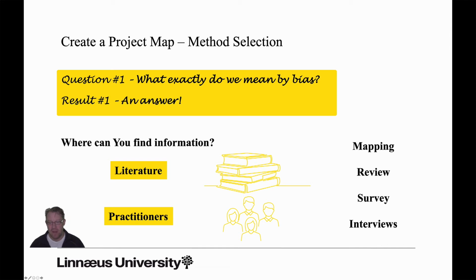So you might not get a sufficient number of responses to your surveys. But you will discuss this with your supervisor. You need to find a balance. But suddenly, when you have selected something, you have a question, you have a result, and you also have a way to get the data, to collect the data, to come up with the answer.